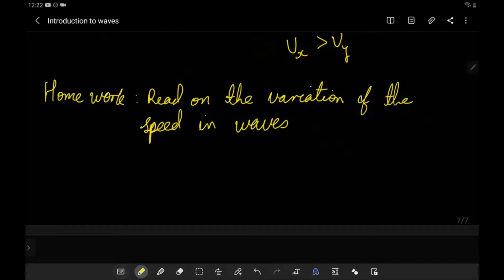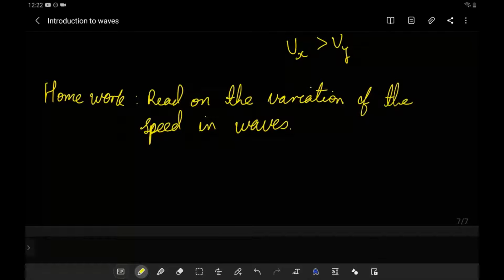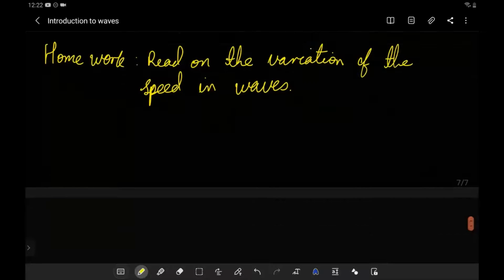And when you get a chance of reading on it, you would see that the sound waves in water actually travel faster than the sound waves in air. And in fact, the sound waves in steel travel faster than the sound waves in air. You would make sense of that when you read it.